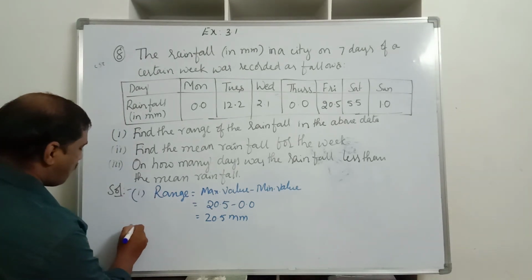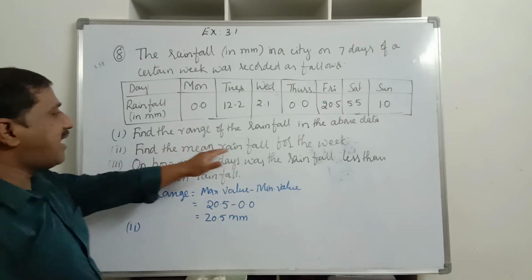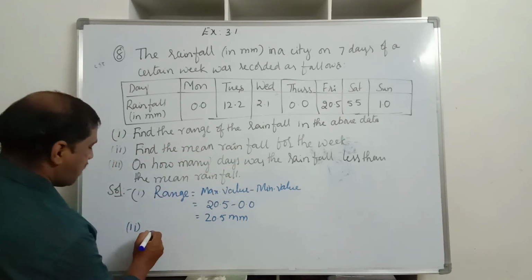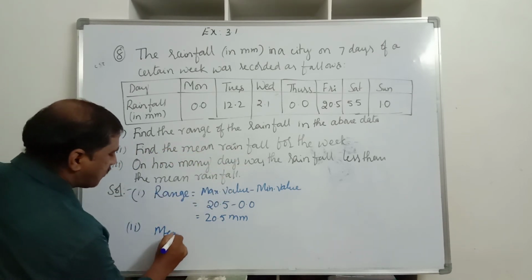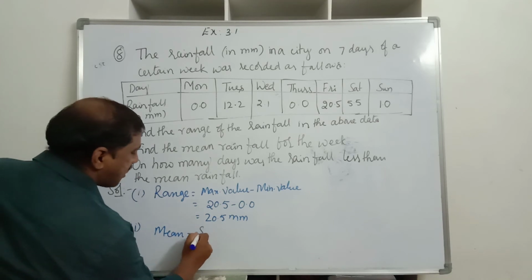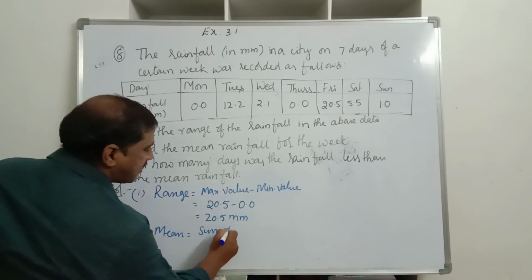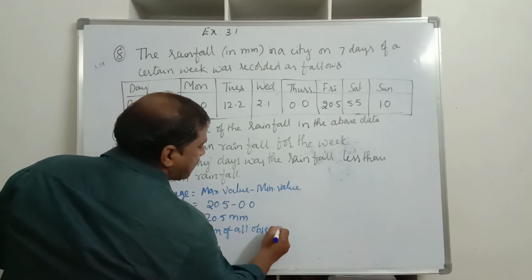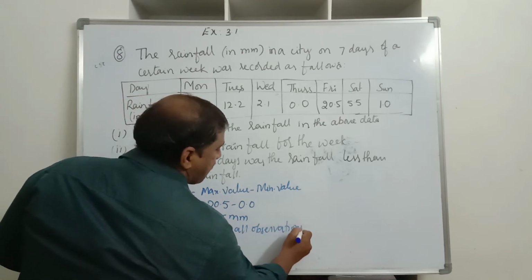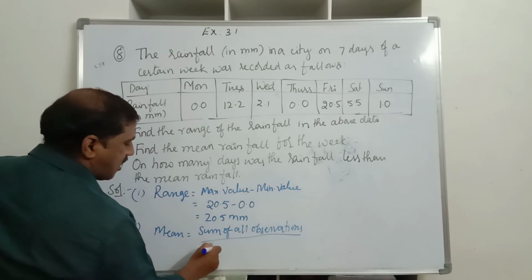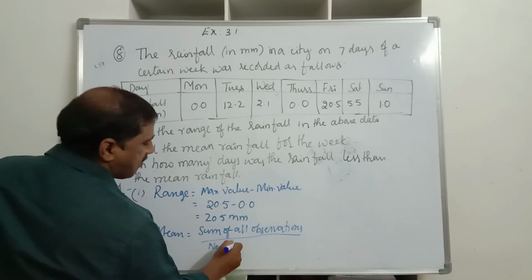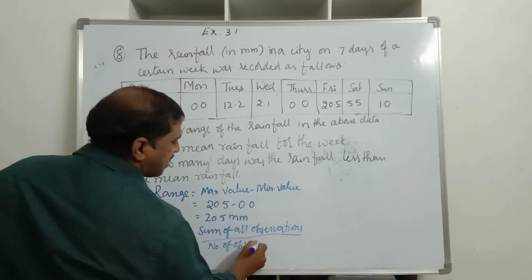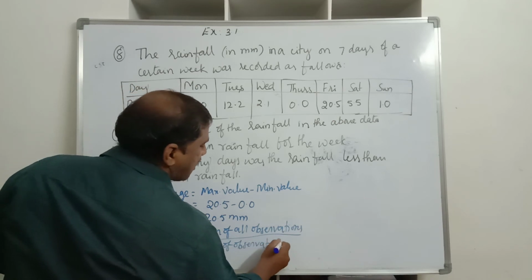Second question, find the mean rainfall for the week. So mean rainfall is equal to what? It is the sum of all observations divided by the number of observations. How many observations are there here?